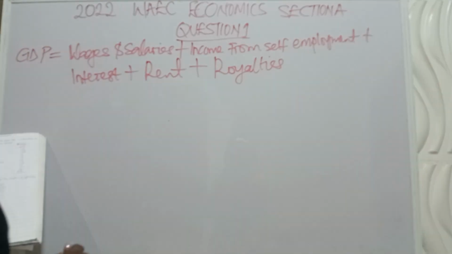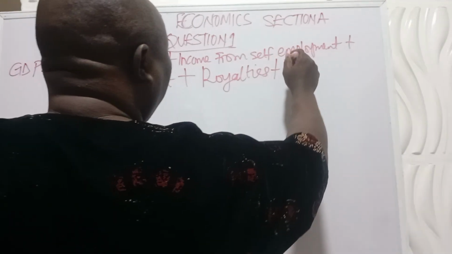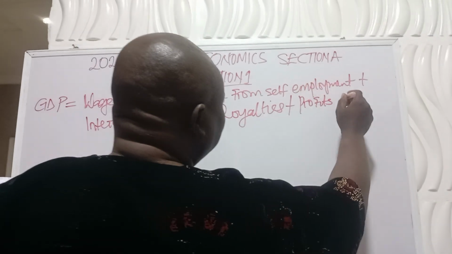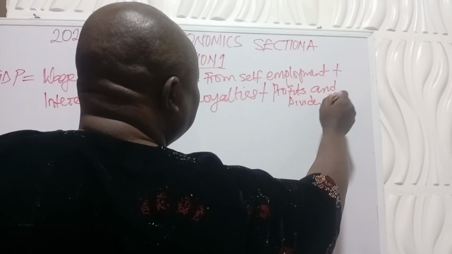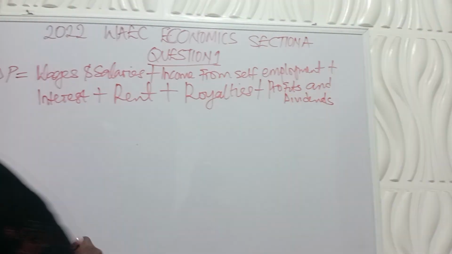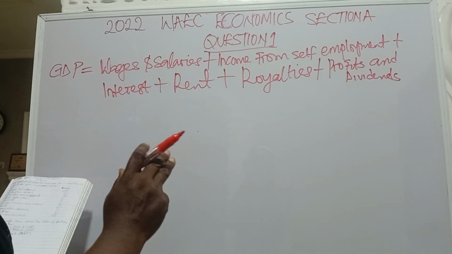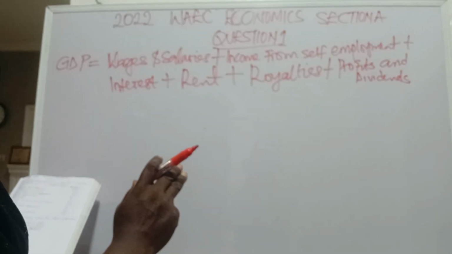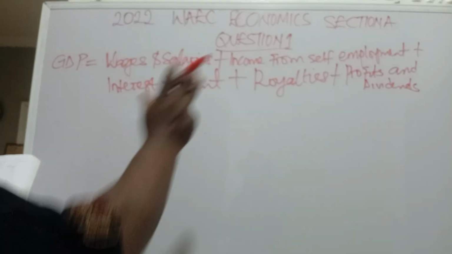Lastly, you add profits and dividends. These are the items you need to add together for your GDP: wages and salaries, income from self-employment, interest, rent, royalties, profits and dividends. These are the things you need.